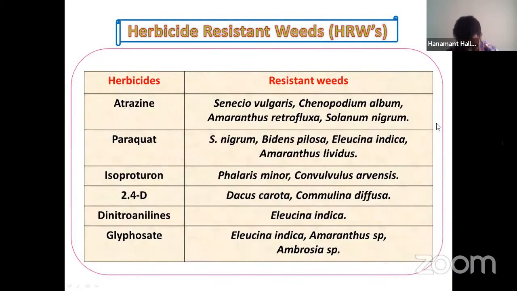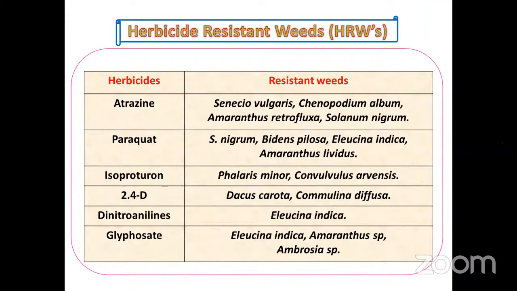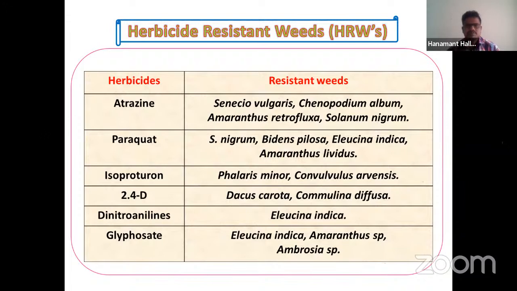So here we look at the examples of herbicide resistant weeds. So for example, atrazine resistance is found in different weeds across the world. Those weeds are Senecio vulgaris, Chenopodium album, Amaranthus, Solanum nigrum.